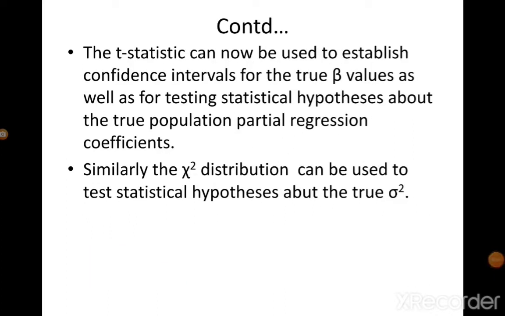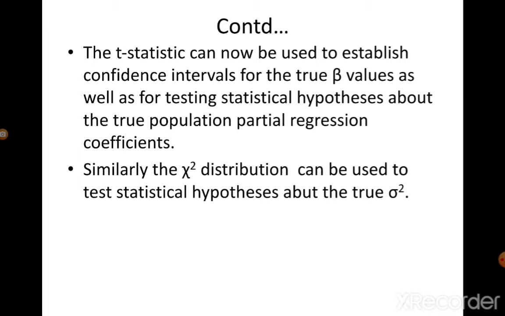The t-statistic calculated with the formula shown in the previous slide can be used for establishing confidence intervals, that is, establishing the interval estimate of the true population beta values, as well as for testing statistical hypotheses about the true population partial regression coefficients. Right?